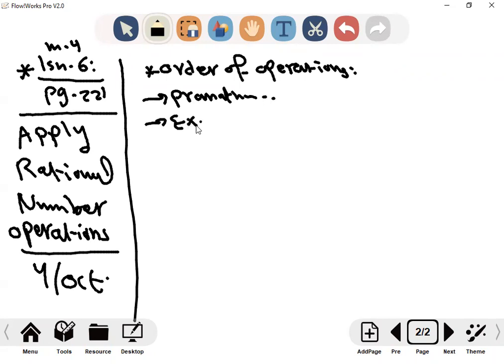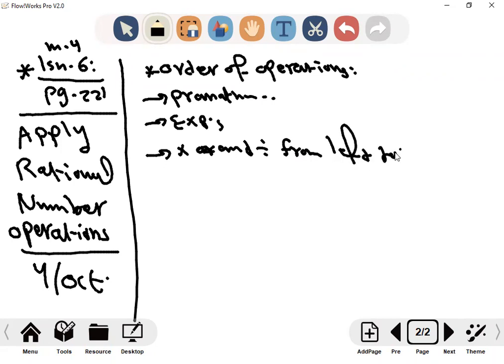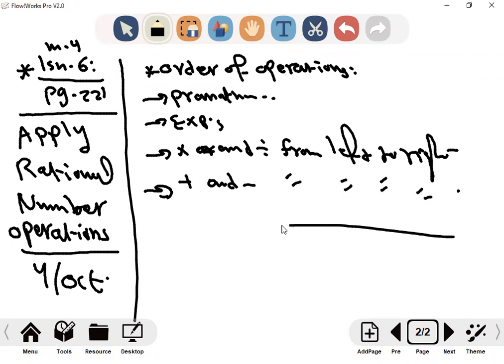Then exponents, then multiply and divide from left to right, and addition and subtraction from left to right.